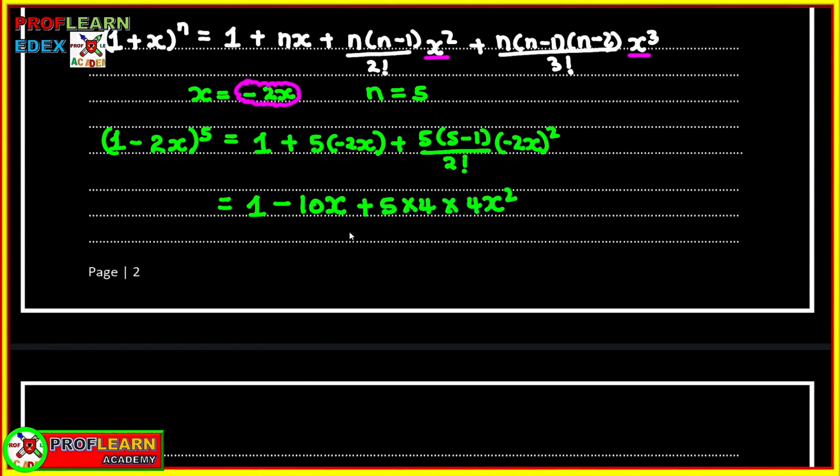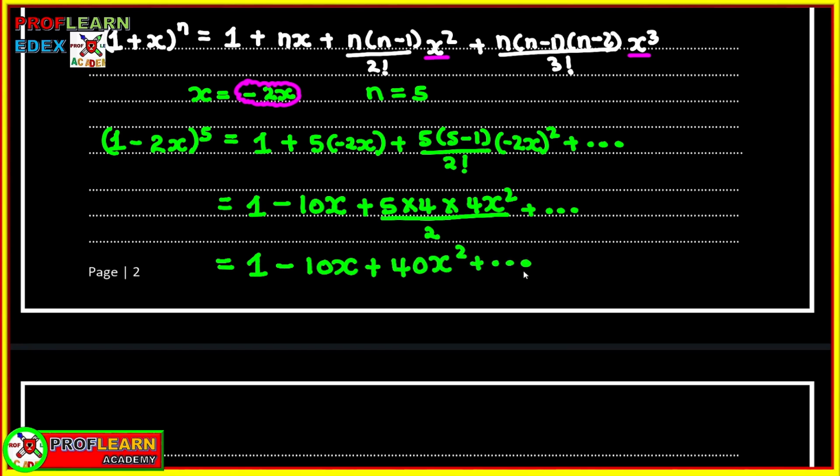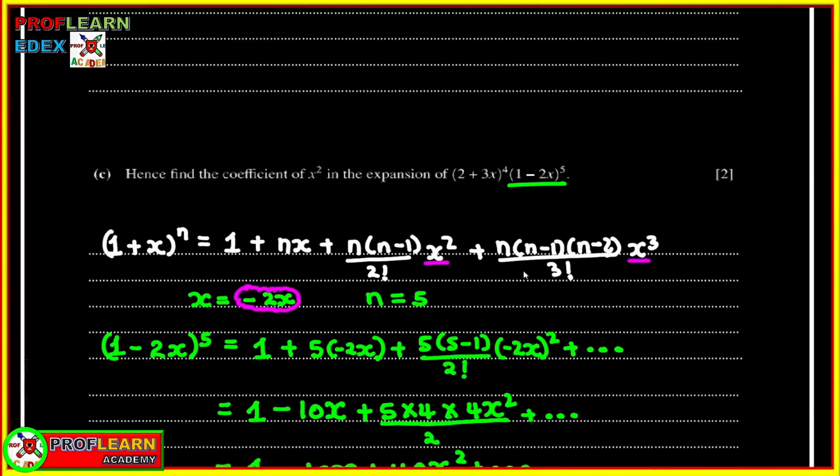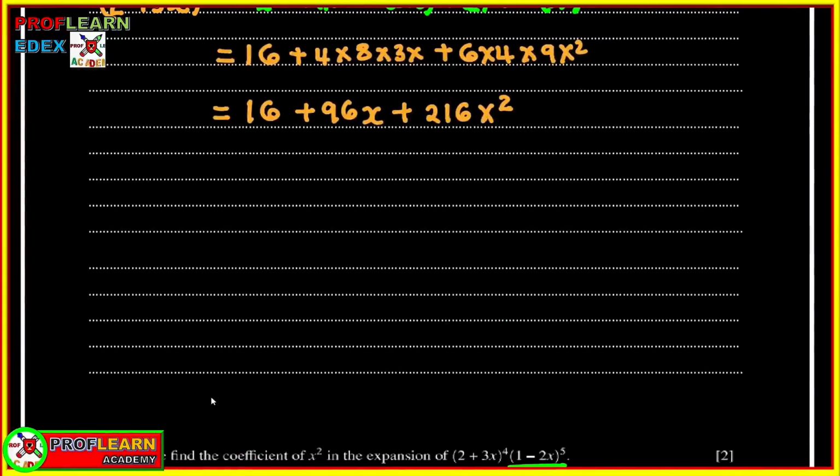Actually 40. Right, let me confirm using a calculator. Yes, this becomes 40x squared. Now, because we're expanding this, we are going to multiply the two expansions together.